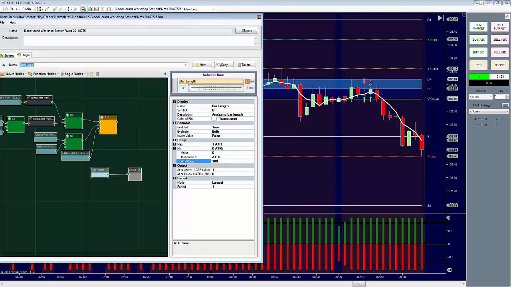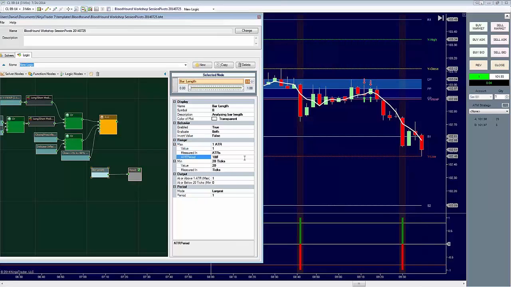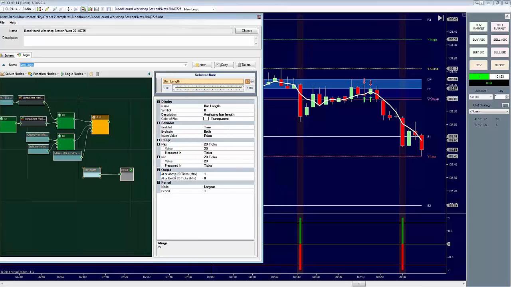So let's set these to ticks, 20 ticks, and then we set this one to ticks as well. So do you see this here? At or above 20 ticks.